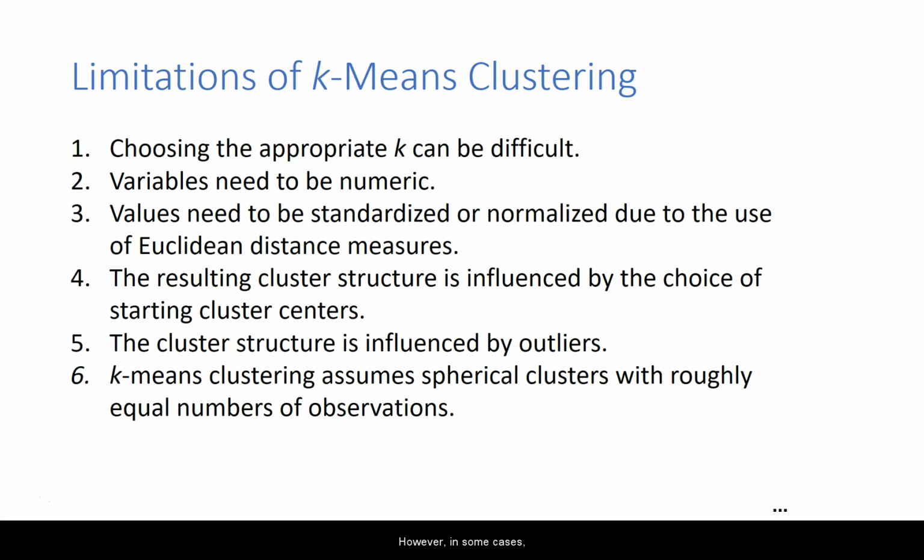However, in some cases where this assumption is not satisfied, this can make k-means clustering less effective. For example, in anomaly detection or fraud detection, the number of cases that are anomaly or frauds is usually relatively small. Then k-means clustering can be less effective in identifying the right cluster of anomalies.